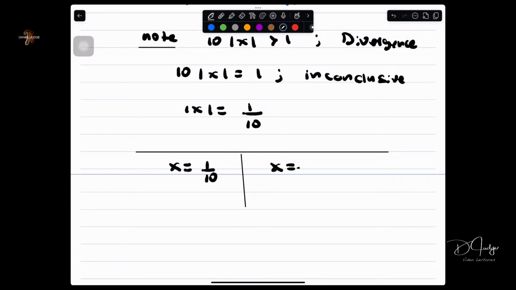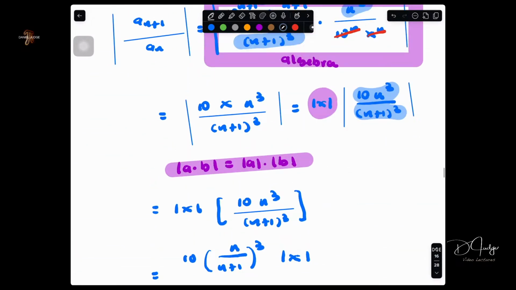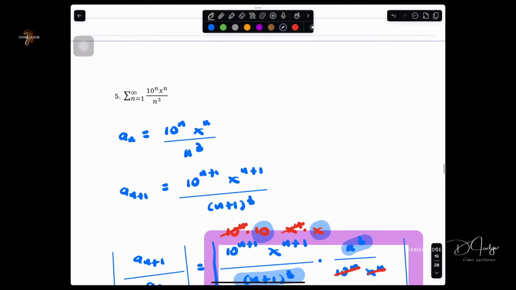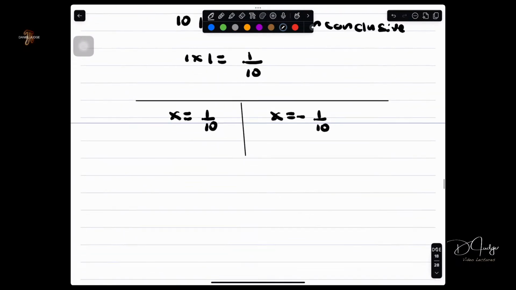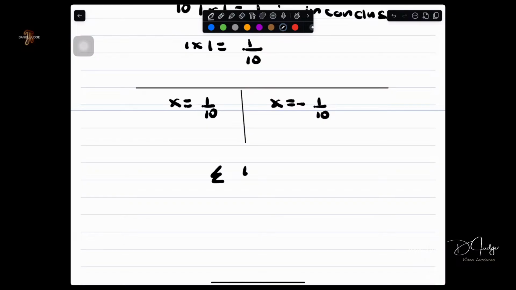It means x is negative 1/10. So we're going to have to check these values for the original series here of 10 to the n, x to the n, over n cubed from 1 to infinity. We got to plug in these values and find out whether this converges or diverges here.